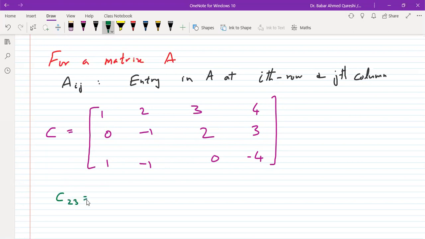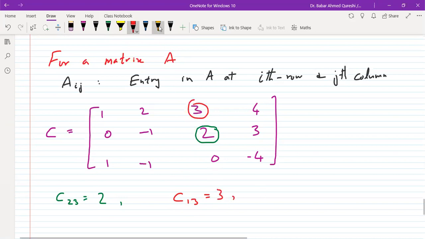It's just the number in the second row and third column. So this guy. So it's 2. What is, let's say, C13? First row, third column is 3. What is C33? It is 0. This guy.